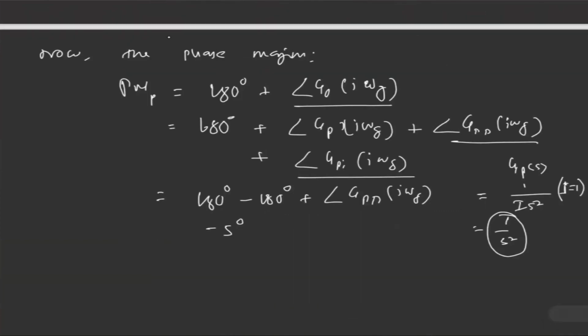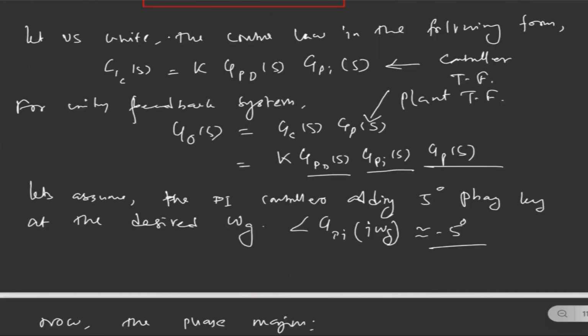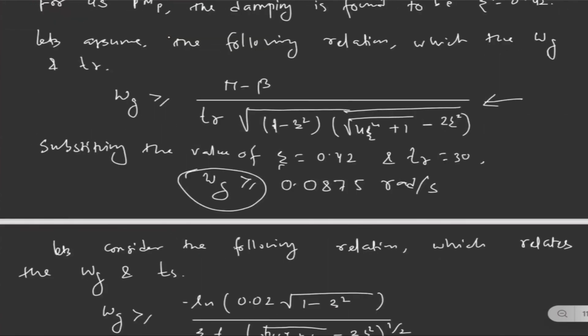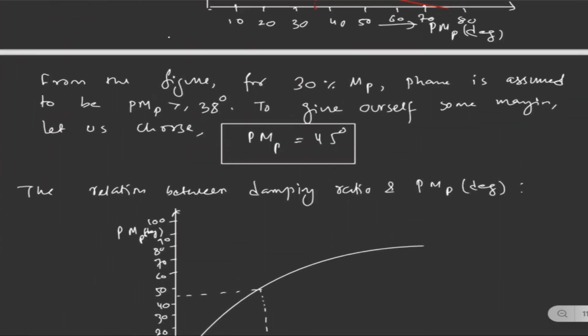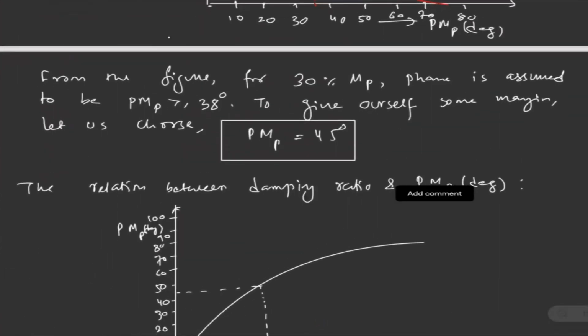So from this expression, we can write the total phase of the PD controller, G_PD(j omega z), as PM_P plus 5 degrees. This PM_P is the 45 degrees that you have already assumed.